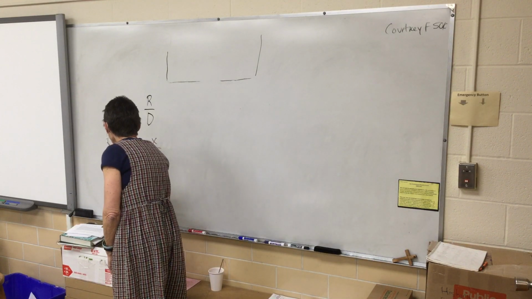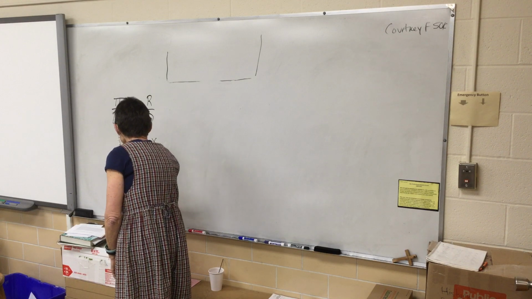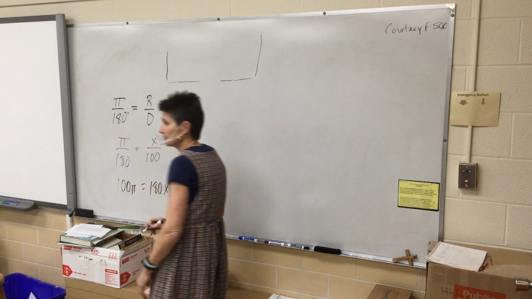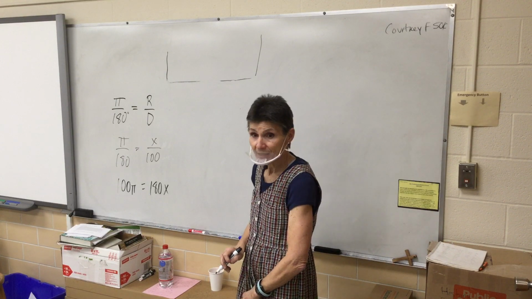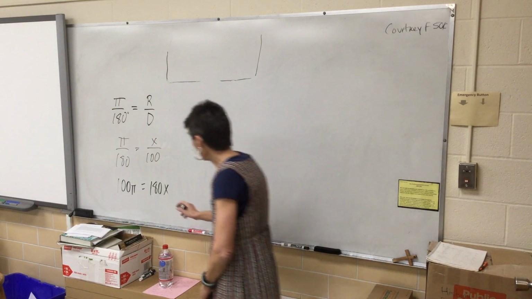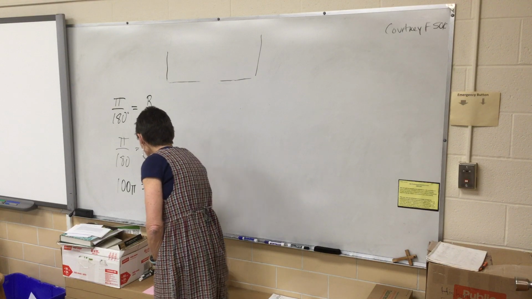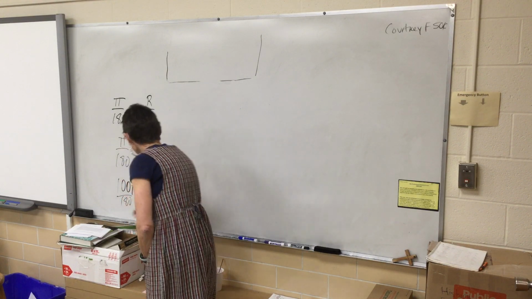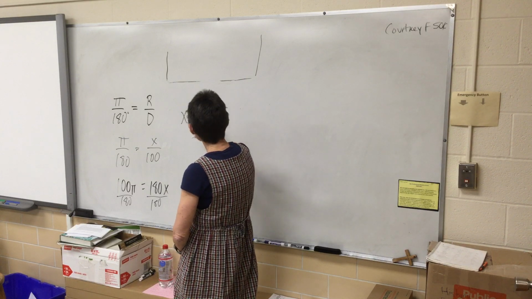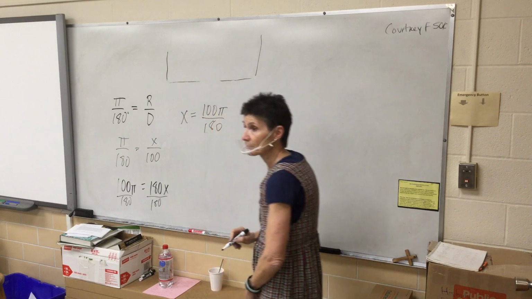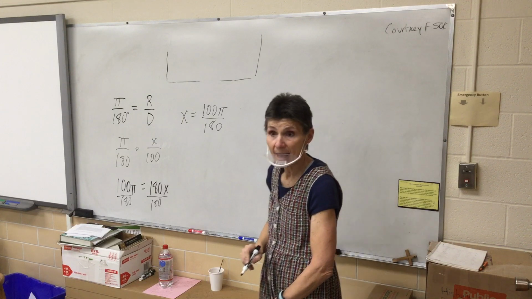So 100 pi equals 180x. We're trying to figure out x, so we'll divide by 180. So now x equals 100 pi divided by 180, and we're going to reduce that.